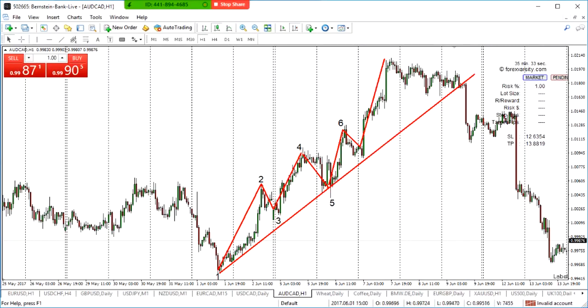Like I said before, on your uptrend, you always buy at your lowest point, which is 1. Looking at this chart, your lowest point is 1. And you always take profit at your highest point, which is your number 2, just the beginning of your retracement.